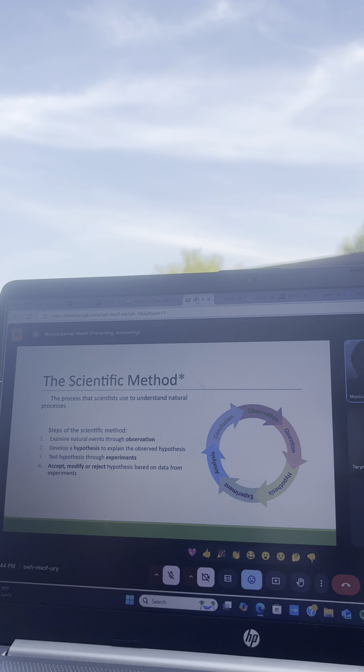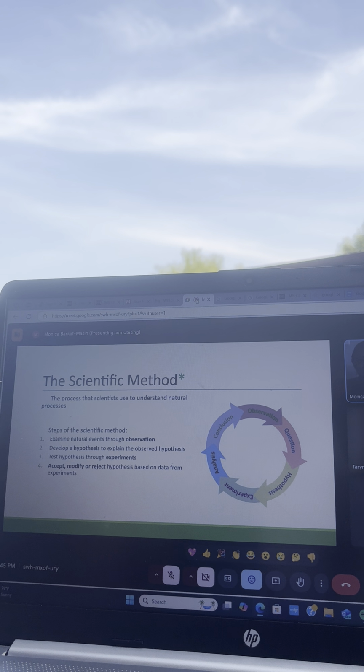Yes, you observe something and then you go back and you do all the research on whatever you think is the question that came to your mind based on that observation. So what do you create? Hypothesis. So just know these steps, and this was another question in one of the worksheets you did.